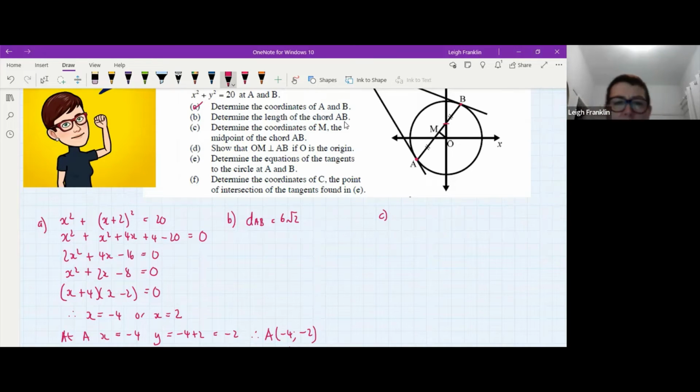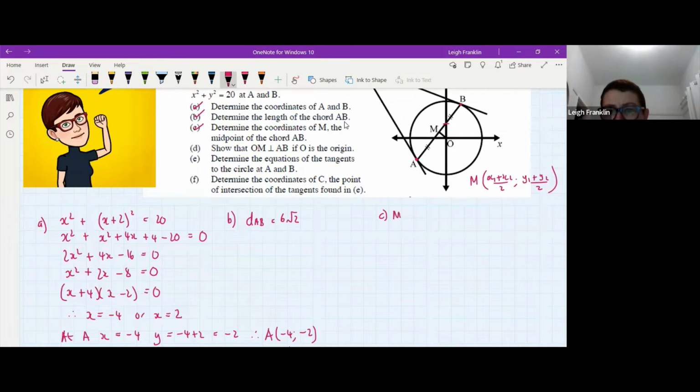All right, now question C, determine the coordinates at the midpoint of AB. You guys can definitely do that one on your own as well, because you all know how to use the midpoint formula. Do I need to write the midpoint formula here, or do you know it off by heart? Just in case you don't, there it is.